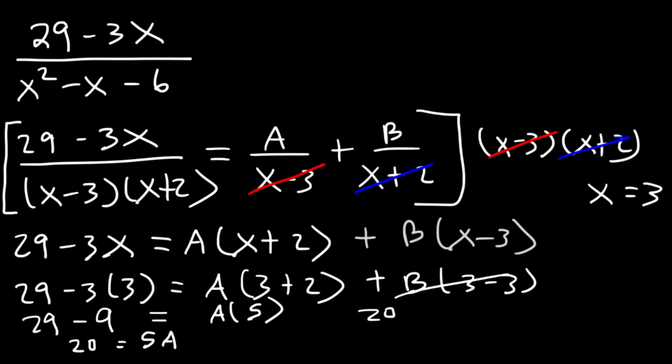So if we divide both sides by 5, we can see that a is equal to 4. I'm going to put that in the side over here.